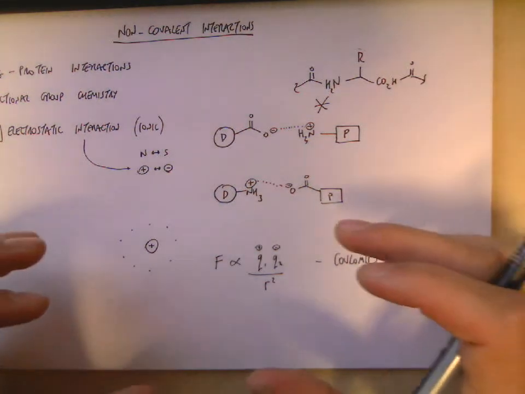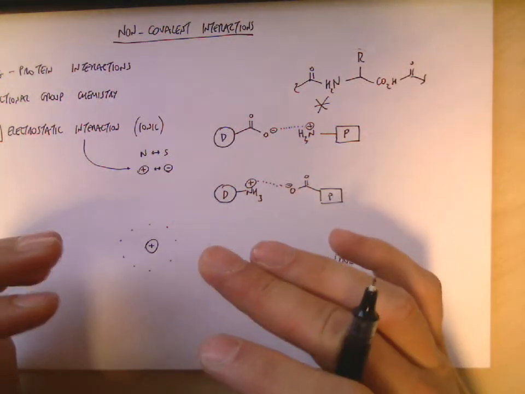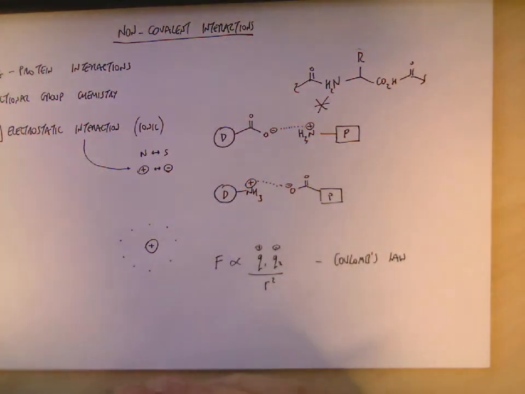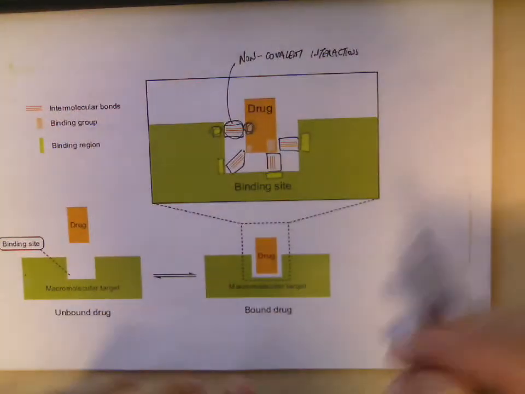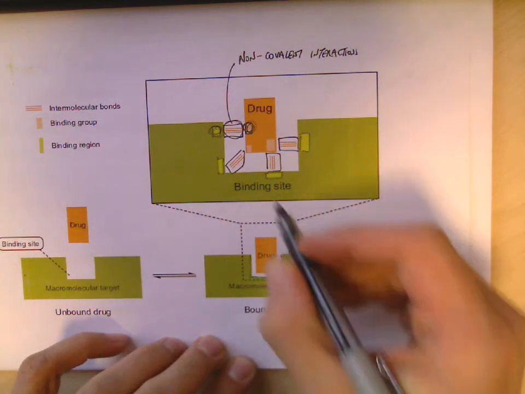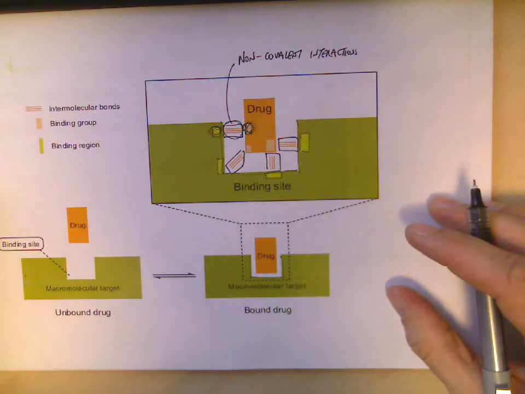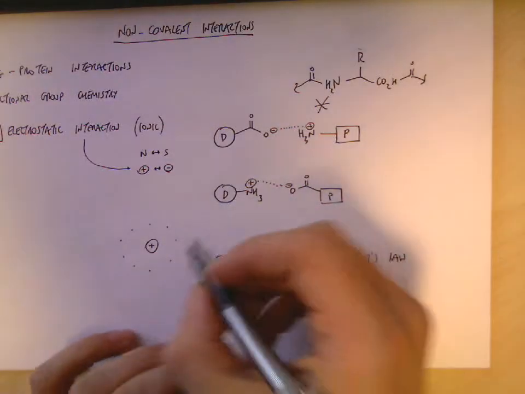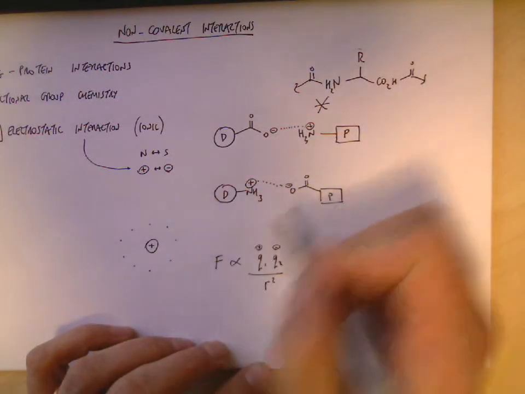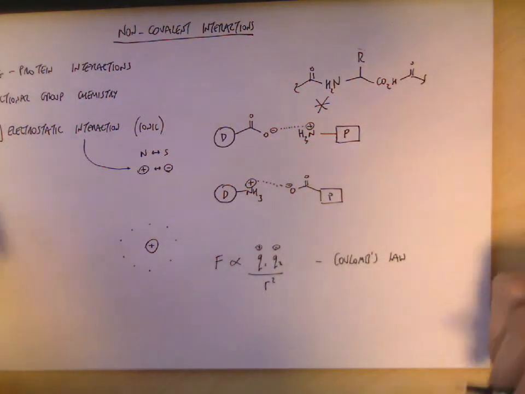So when you're looking at drug-protein interactions, very typically the binding sites of our proteins, so here the binding site, tend to be hydrophobic because they're folded up away from water, and so that means that your positive and negative charges are not affected by water so much.